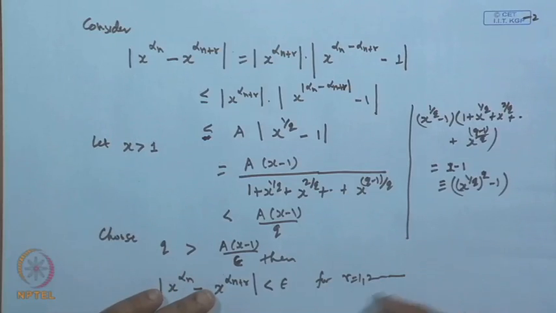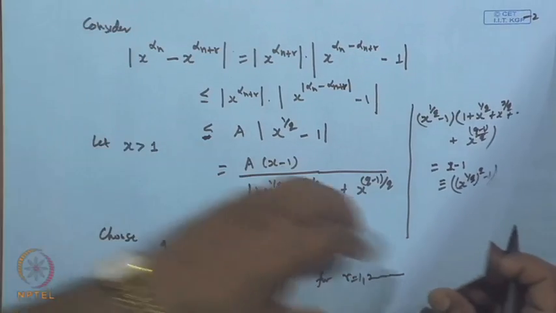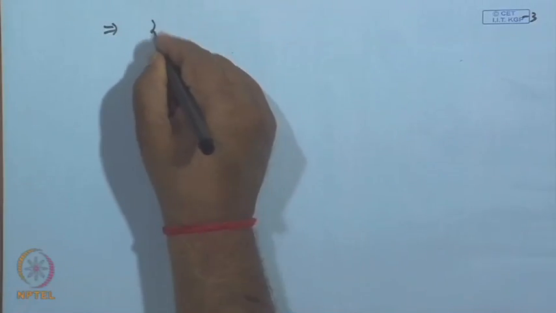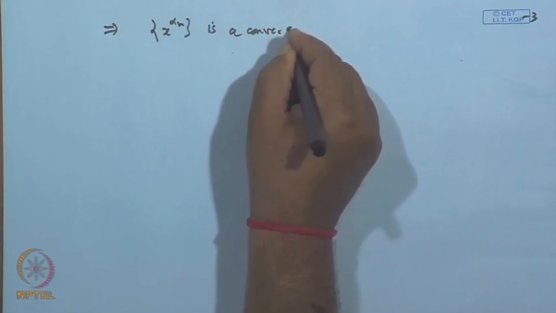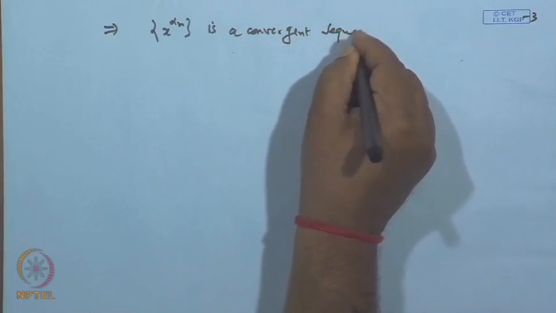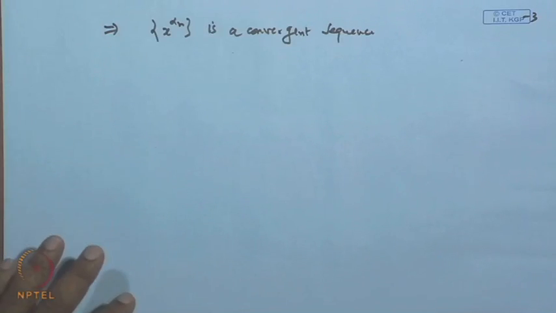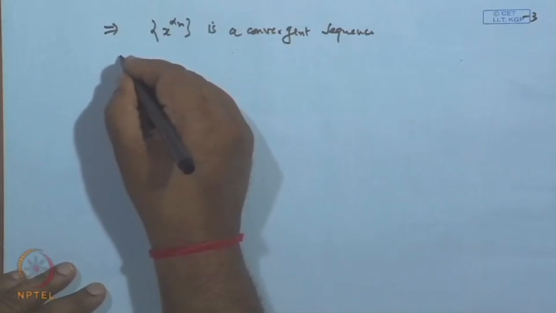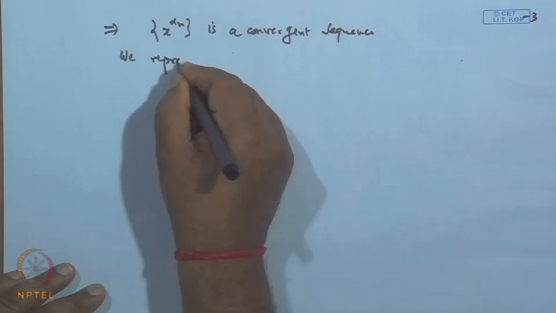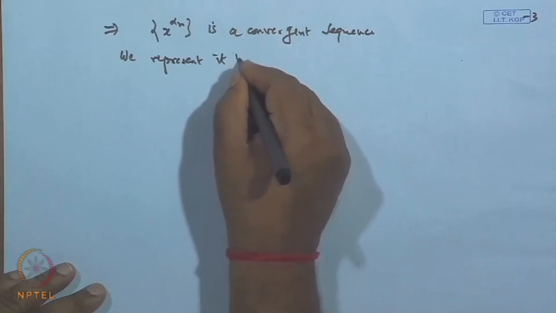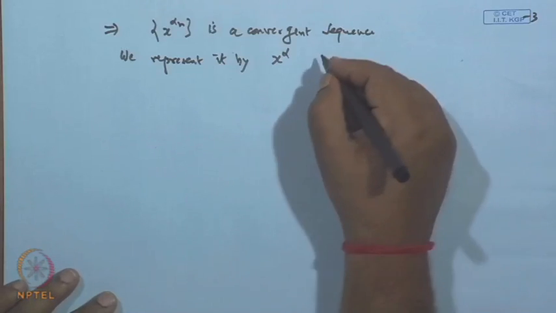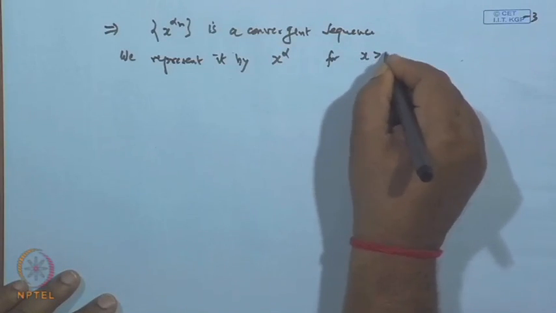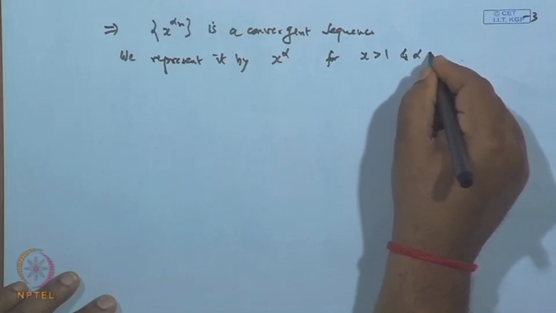Now, this implies the sequence x to the power alpha n is a convergent sequence. Okay. We represent this by x to the power alpha, for x greater than 1 and alpha an irrational number.